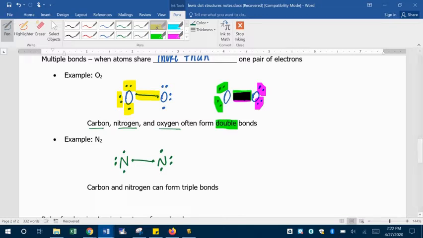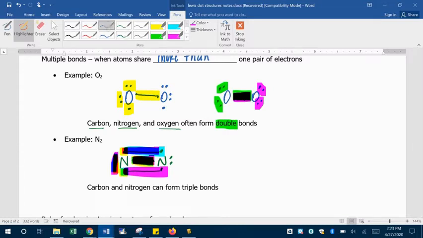But then if you count for this, it would then only have 2, 4, 5, 6. Therefore, we need to add another bond. And now if I count again, it has 2, 4, 6, 7. So we would still need to form one more bond so that we could then have 2, 4, 6, 8 electrons for both of our nitrogens.